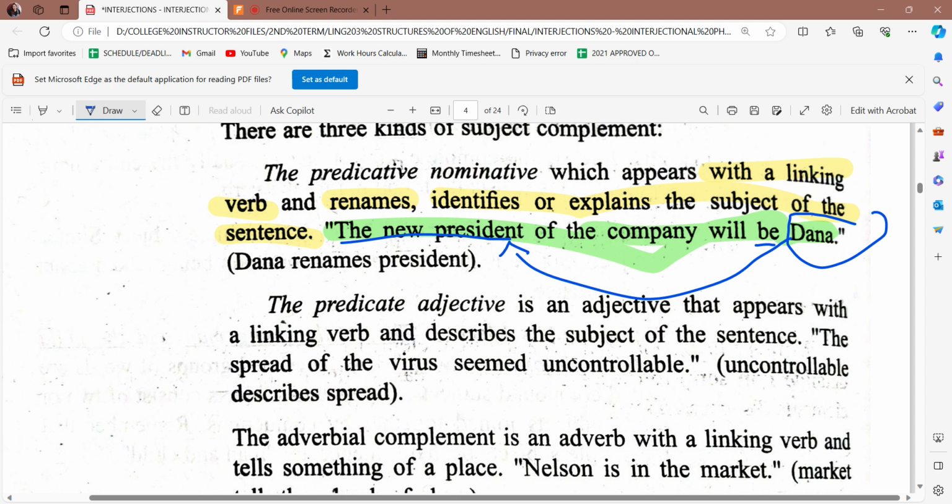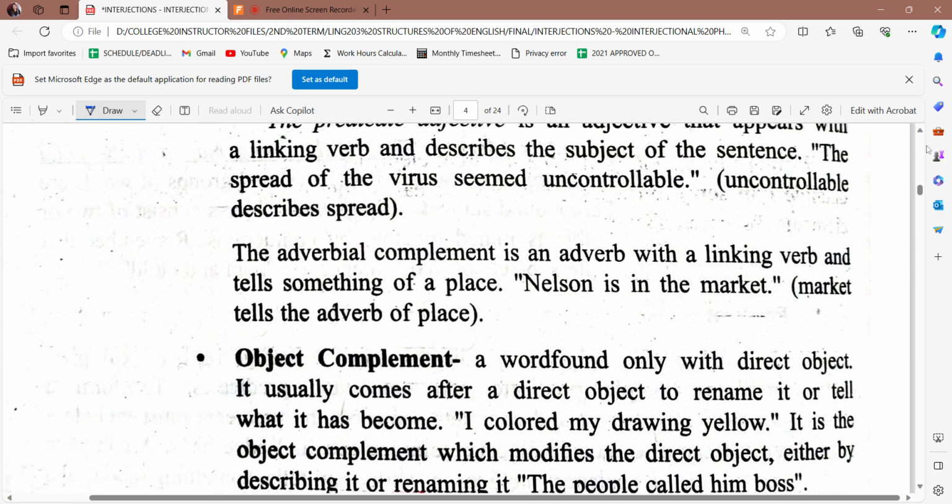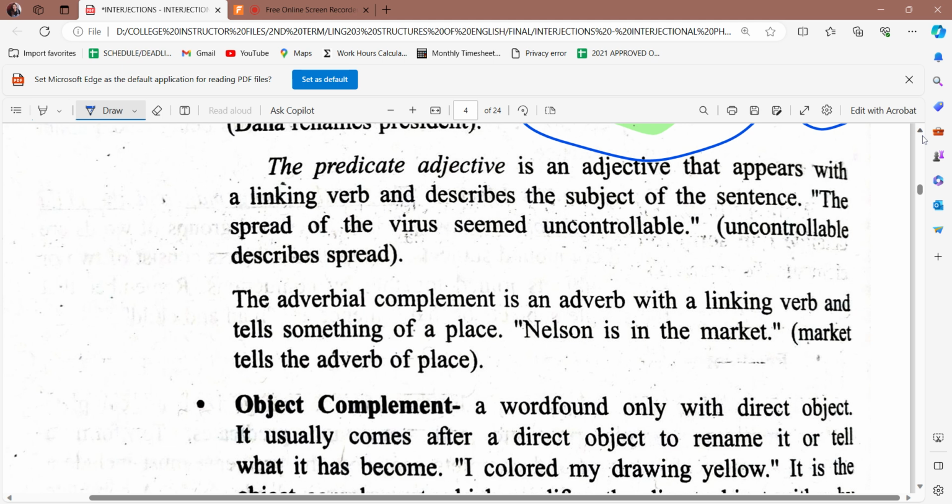When you say predicate adjective, it is an adjective that appears with a linking verb. Again, it is an adjective that appears with a linking verb and describes the subject of the sentence.